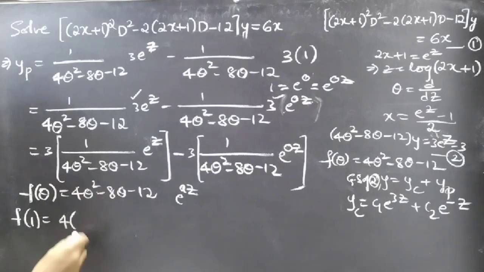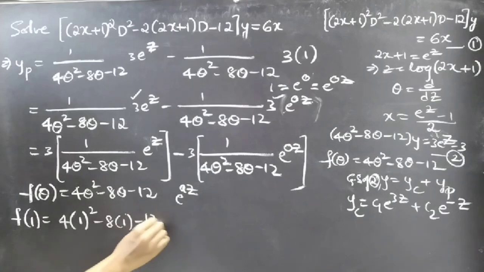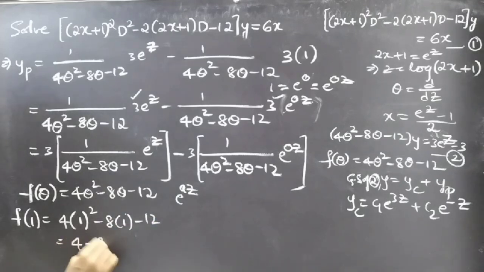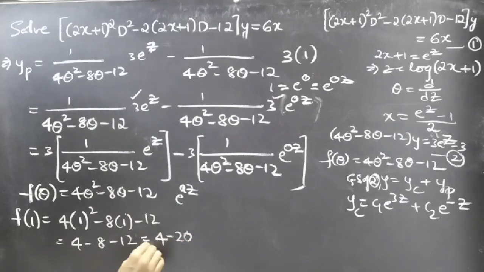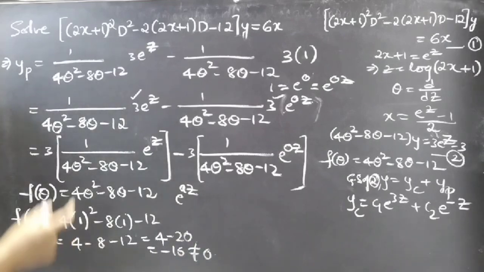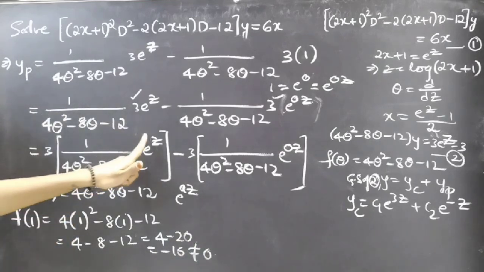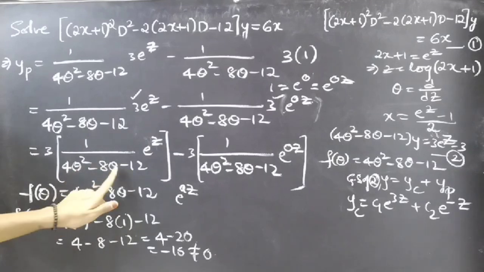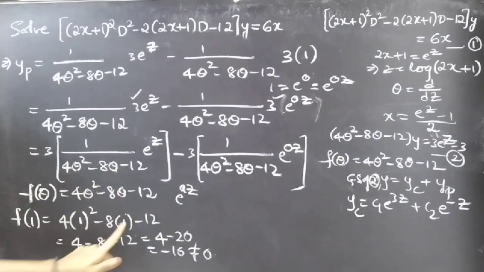Just replace theta by 1, you'll get 4 into 1 square minus 8 into 1 minus 12. This gives us 4 minus 8 minus 12, which is 4 minus 20, which is minus 16, non-zero, right? Since f of 1 is non-zero, we can just replace theta by 1.